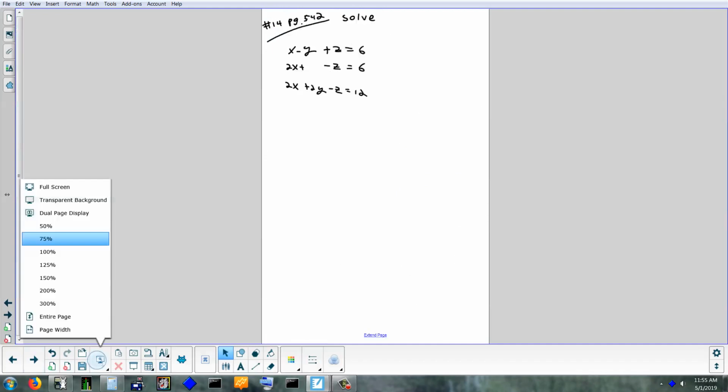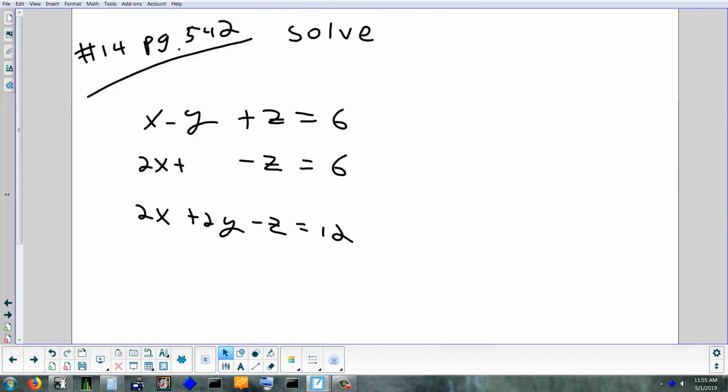Now, this one I'm not going to go through, but what do you notice here? There's no y. There's no y, so what is it? 0. So try to take advantage of that. It might be less work, right? Because you already have something that's a 0.